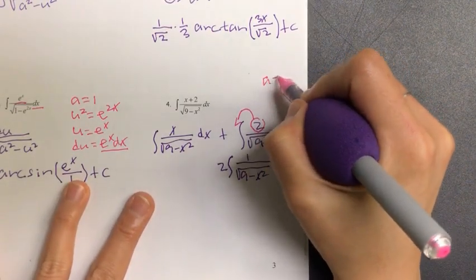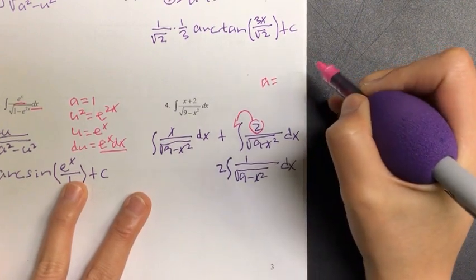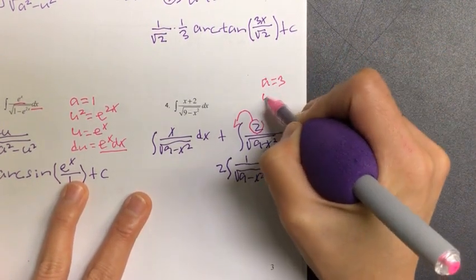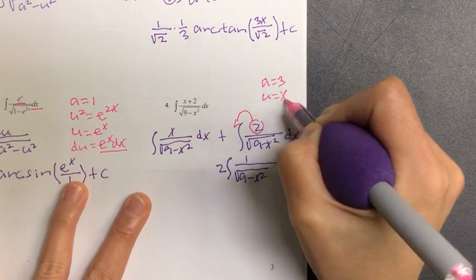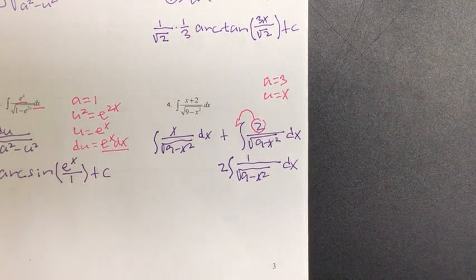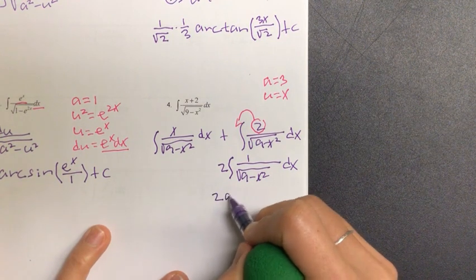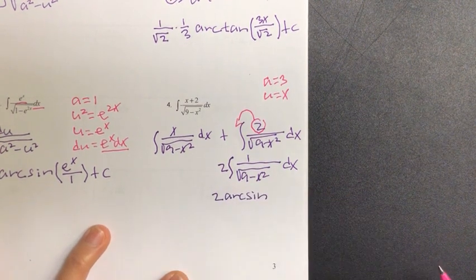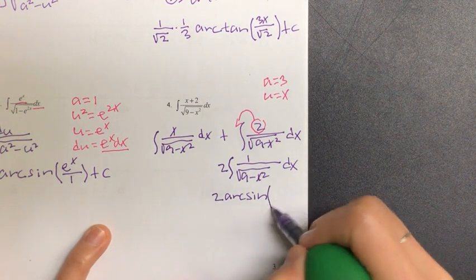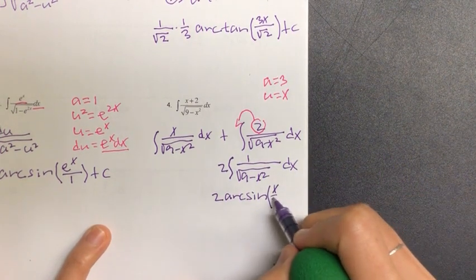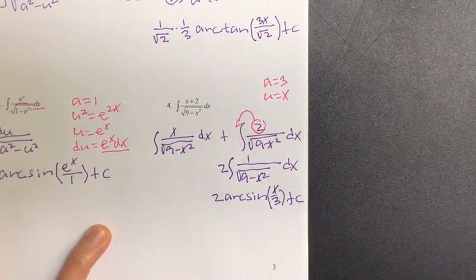So what is a? 3. What is u? X. So if I match that according to my arc sine, I'm going to leave a 2 right here, arc sine. And the ratio I want inside the argument is u over a. So I have x over 3. Then I have plus c.